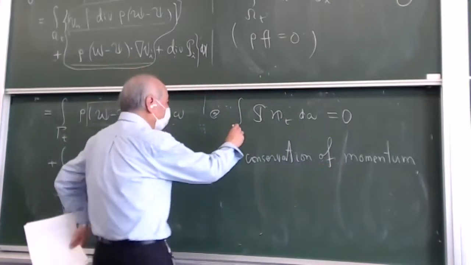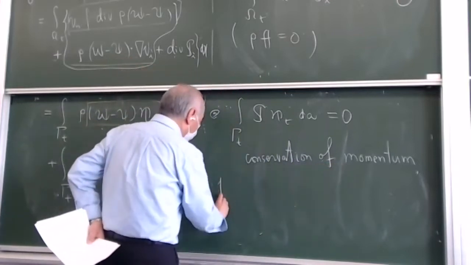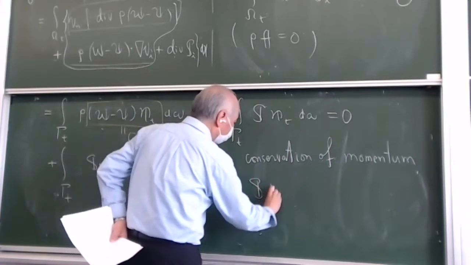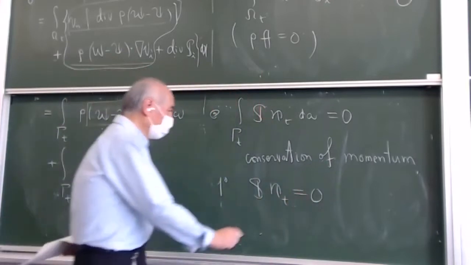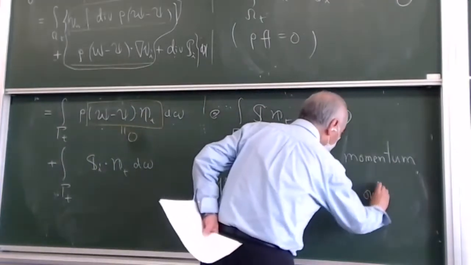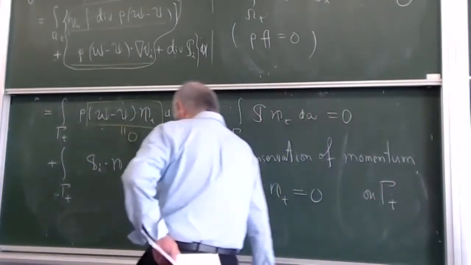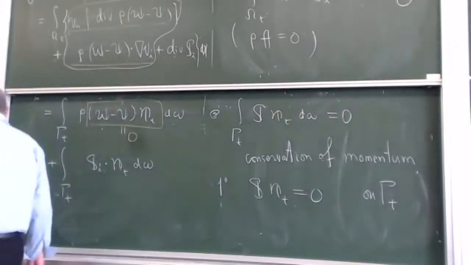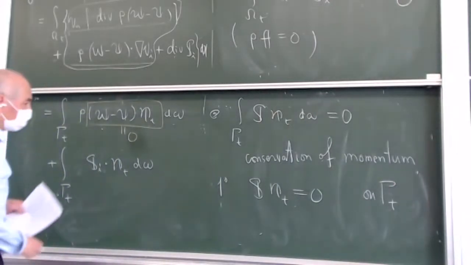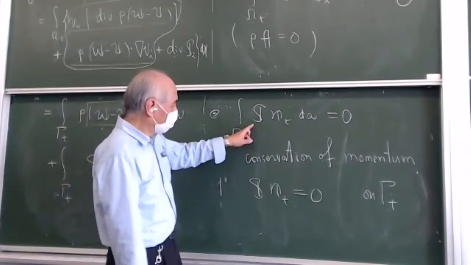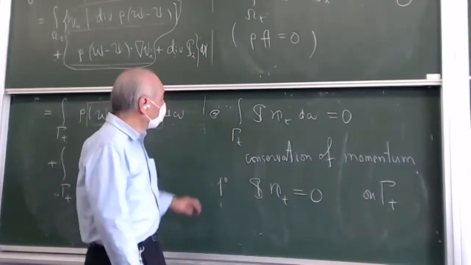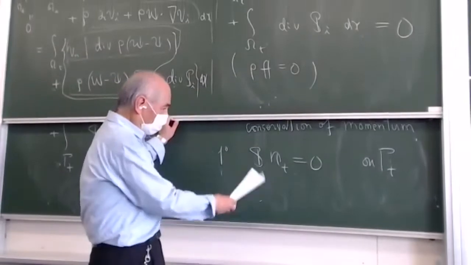But okay, so the first simplest one is of course this one, on gamma t. This condition is just a point-wise condition. This is the simplest case.